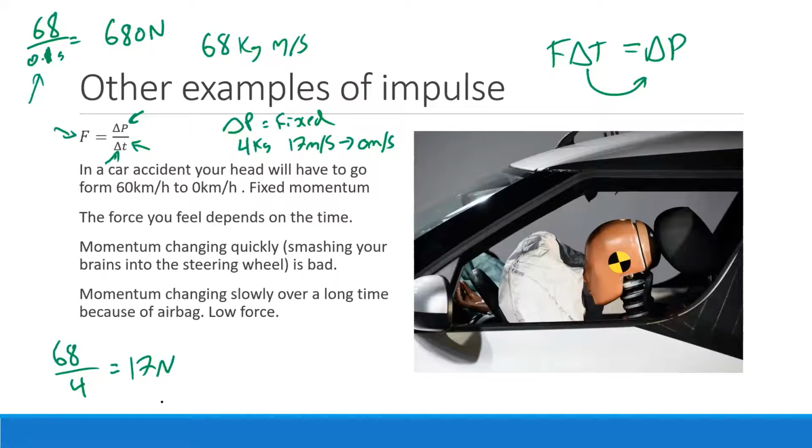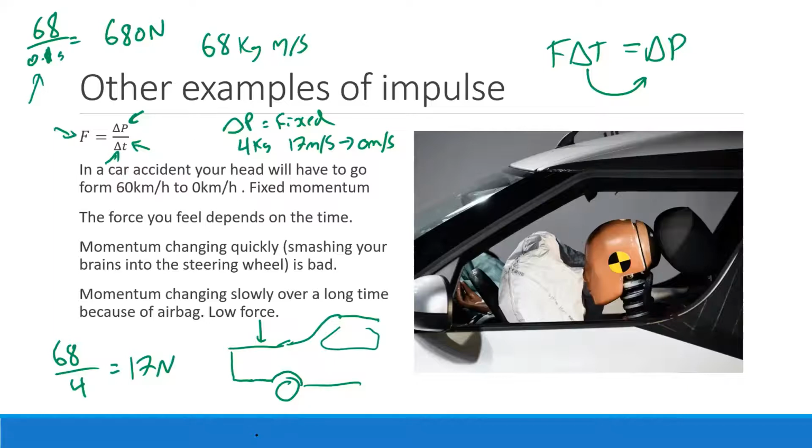This is the same reason as well that cars have something called a crumple zone. I'm not sure if you've heard of a crumple zone before. What a crumple zone is, let me try and draw a picture here. It's going to be amazing. Look at this picture. What a crumple zone is, essentially, it's part of the car that's designed to buckle.